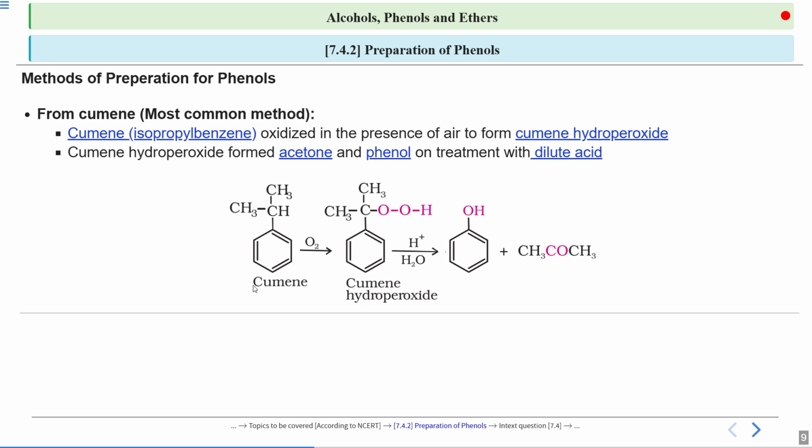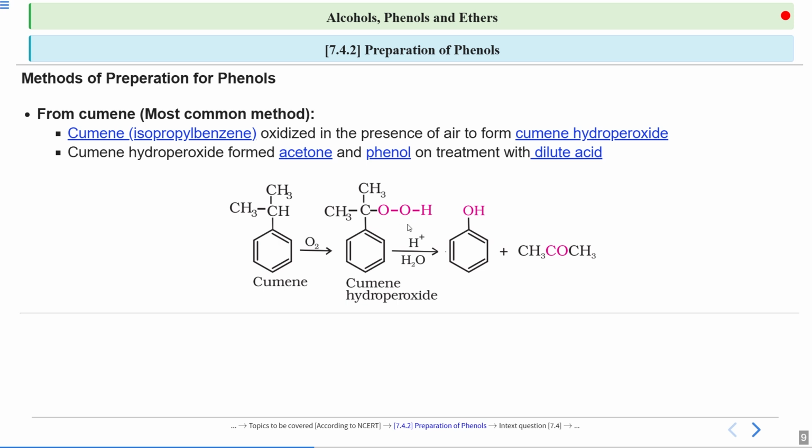Now this cumene is oxidized and cumene hydroperoxide is formed. See, at this carbon, two oxygen groups are attached, and this hydrogen is on this carbon only. Here your two oxygen groups are attached and this is your peroxide linkage. This O2 is your peroxide linkage and this linkage is unstable. So when this linkage is unstable, it will break in the presence of an acid.